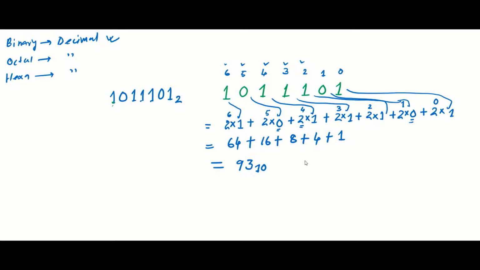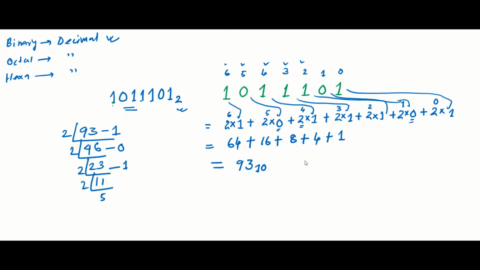I hope you understand the process here. You can watch the video again and again to understand it. Let us check whether this is the equivalent decimal number of this binary. You simply divide the number by 2 again. 93 divided by 2 gives 46, remainder 1. 46 divided by 2, remainder is 0. 23 divided by 2, quotient is 11, remainder is 1.